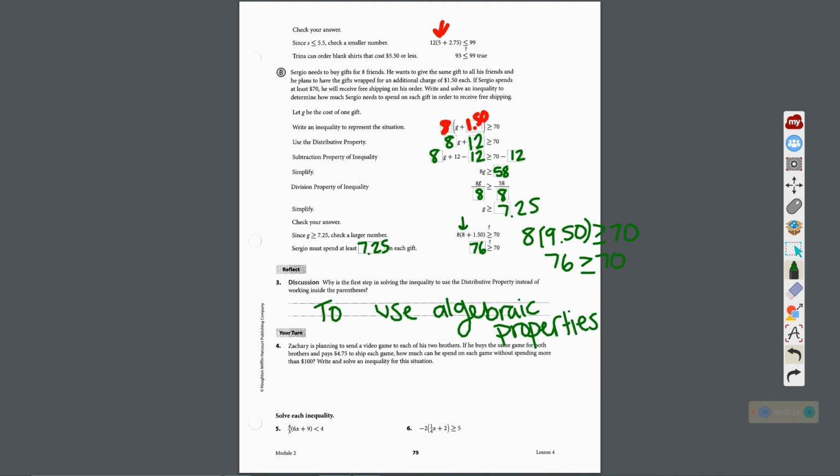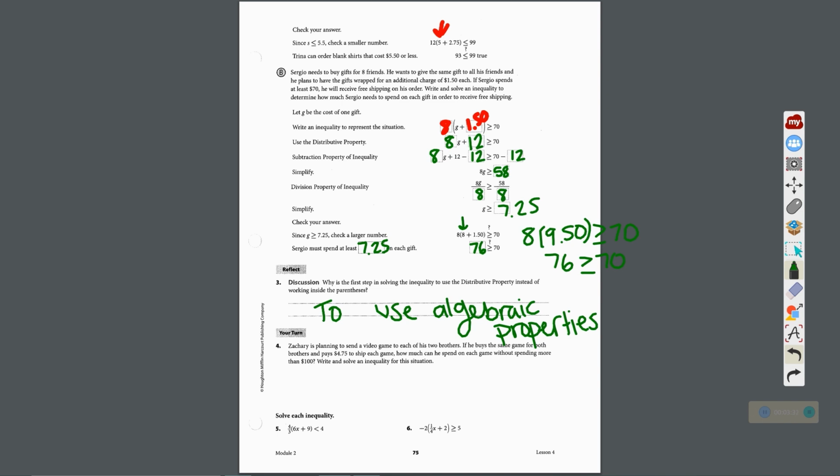We can't figure out what's inside of the parentheses until after we take care of figuring out how much to spend on each person. So we figure out how much it's going to cost for all 8, and then we work backwards to figure out how much it is for each person.